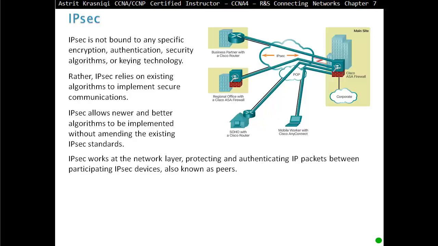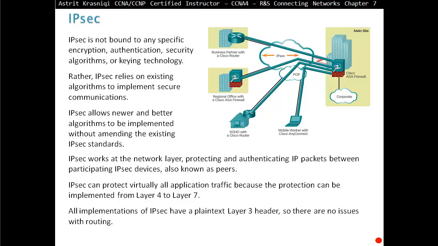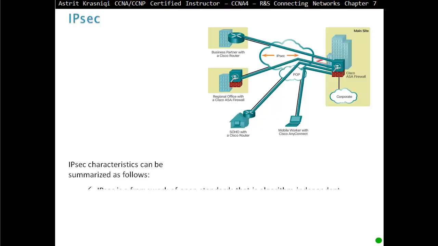IPsec works at the network layer, protecting and authenticating IP packets between participating IPsec devices. They are also known as peers. IPsec can protect virtually all application traffic because the protection can be implemented from layer 4 to layer 7. All implementations of IPsec have a plain text layer 3 header, so there are no issues with routing.